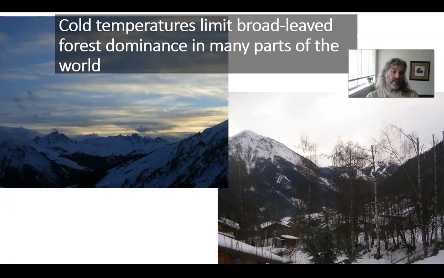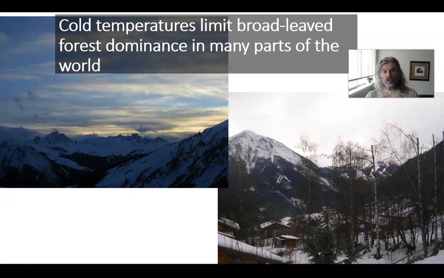It's somewhat hidden within these photographs, but you can see the limit to tree distribution overall. Eventually, it becomes too cold even for conifers to establish and be maintained as forests within these regions, just as it does in the north.